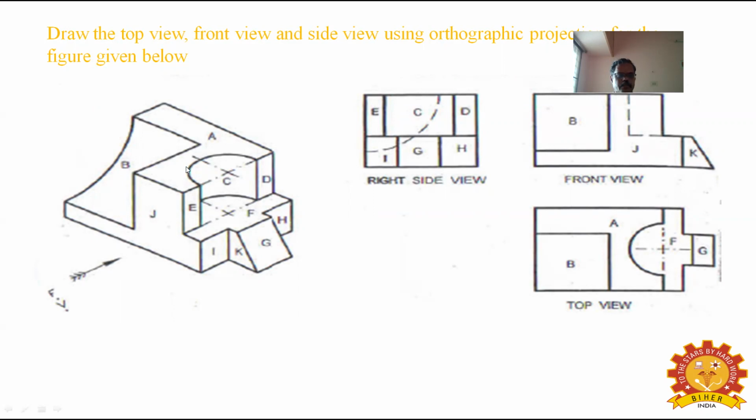Now, for understanding purposes, the parts are given in alphabets. First, go through the drawings and see what areas are visible in the top view. In the top view, the areas B, A, C, F, and G are visible.